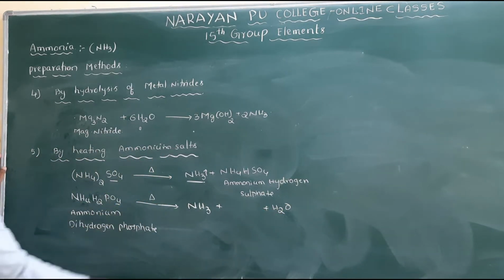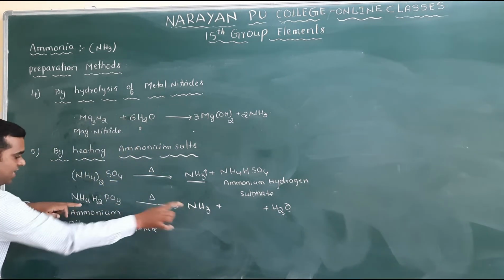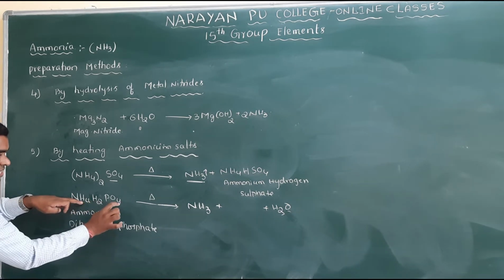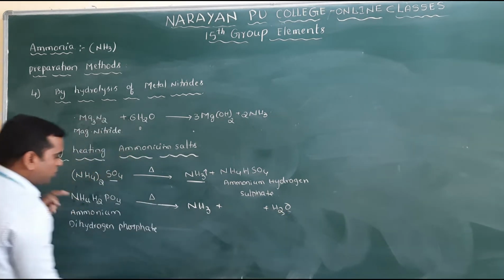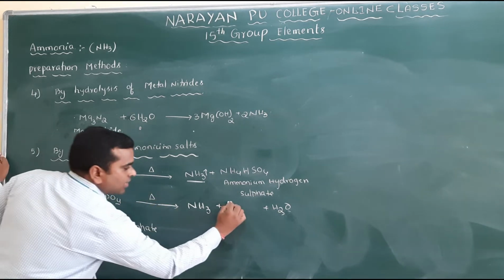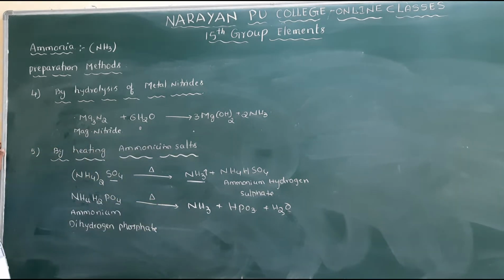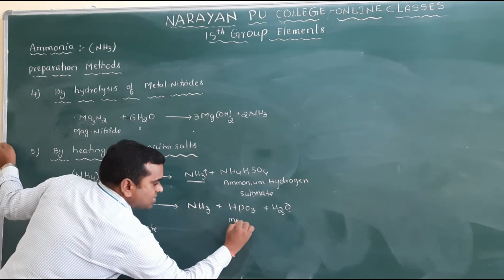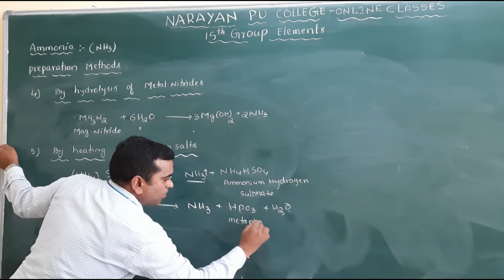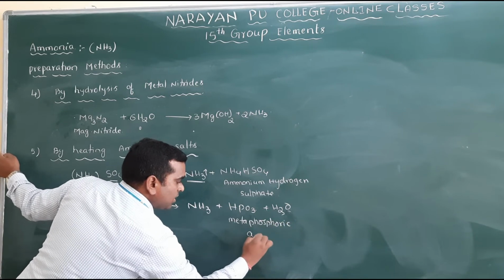NH3 I have written, one hydrogen left here and one hydrogen is there. These two hydrogens and one oxygen will be removed as H2O. Then what is left here? HPO3, that you have to write. What is the name of HPO3? Metaphosphoric acid.